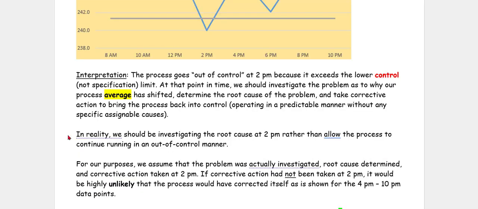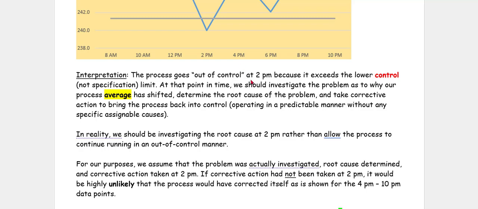For the upcoming exam, we typically look at the whole run and comment about when it went out of control and when it did not go out of control. But in reality, we should be investigating the root cause at 2 p.m. rather than allow the process to continue running in an out of control manner.